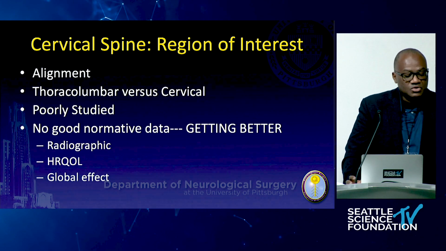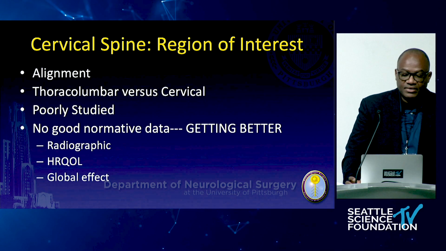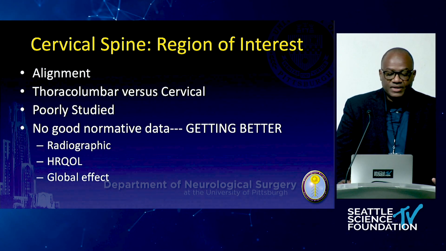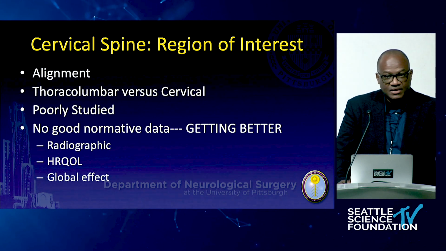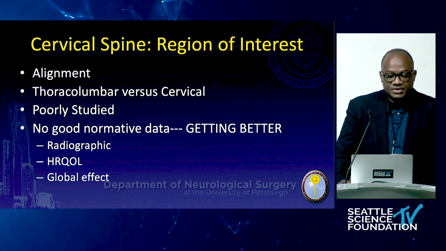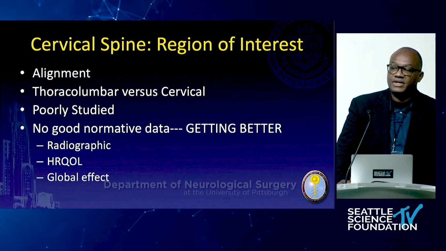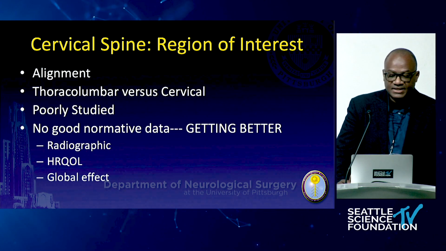It used to be poorly studied. In the last decade, it's gotten a lot better, almost matching thoracolumbar. And we do know that with good normative data from large studies and also registries, we can appreciate the radiographic, the health-related quality of life measurements, and also the overall global effect.